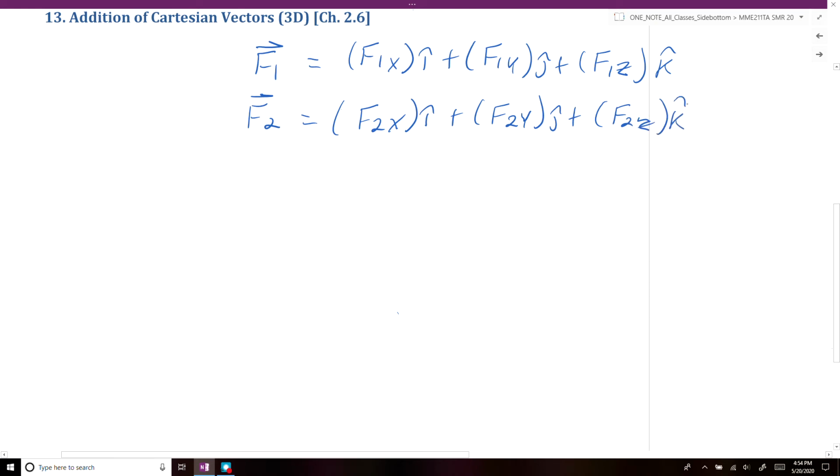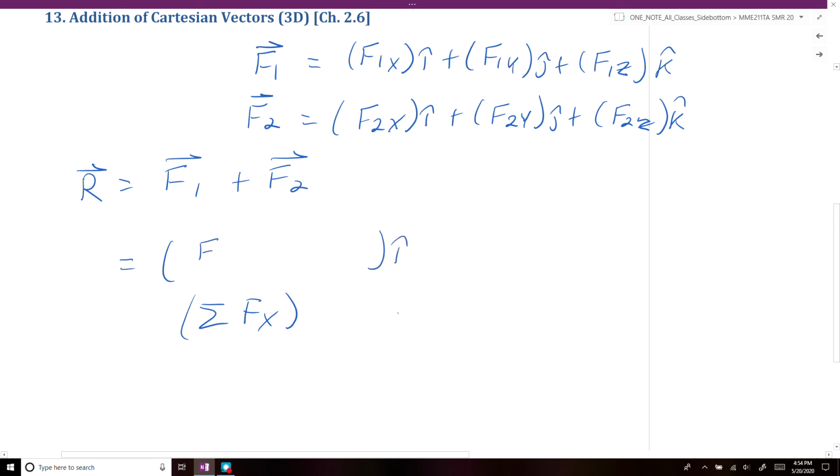It's really easy to find the sum or the resultant vector of these two forces. All we need to do in that case is take the sum of all of our forces in the x direction and add that up.